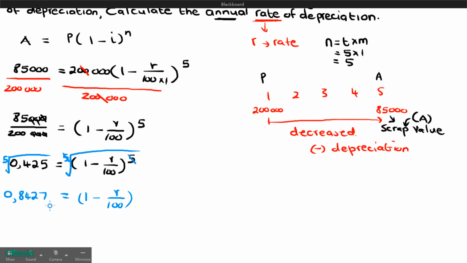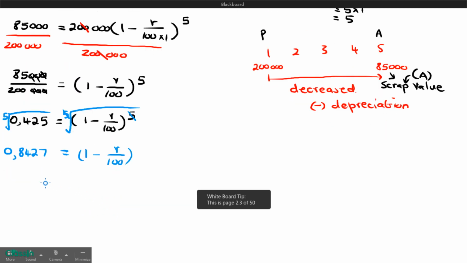Only write the 4 digits after the comma. Now, because we have this, we can remove the brackets. That is 0,8425 equals to 1 minus R over 100.